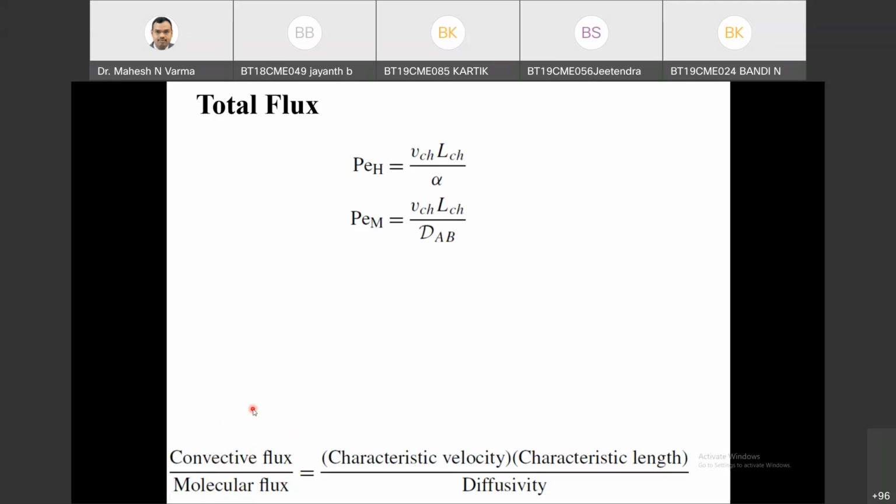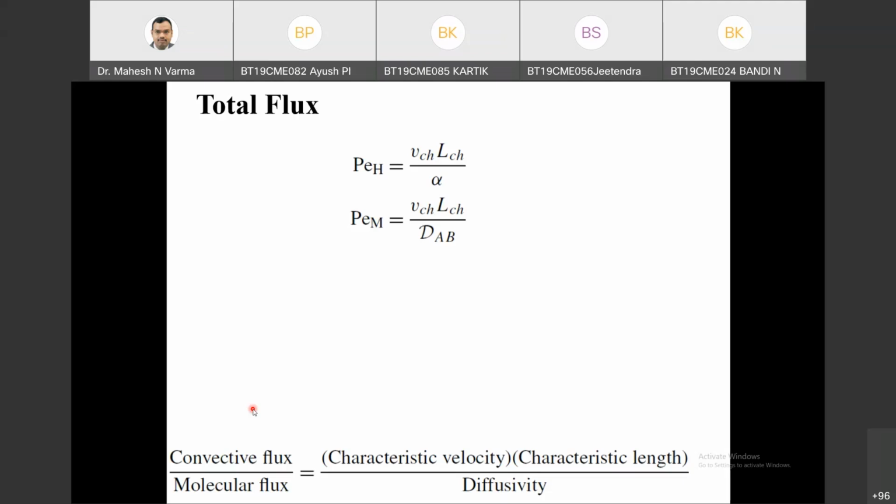So what is the physical significance of the Peclet number? Roll number 82, Ansh. Yes, sir. Sir, the Peclet number is the ratio of the heat transferred by convection to the heat transferred by conduction.